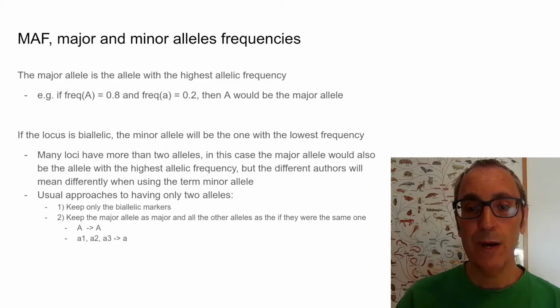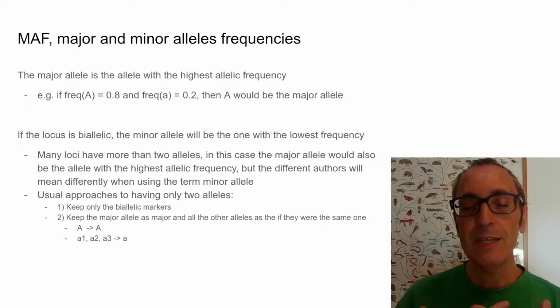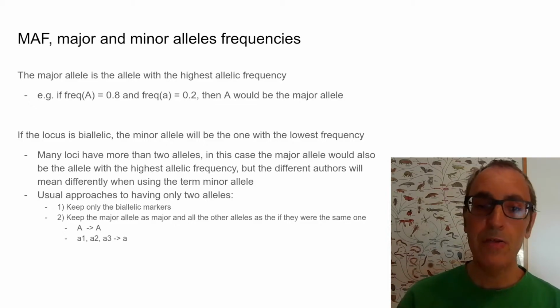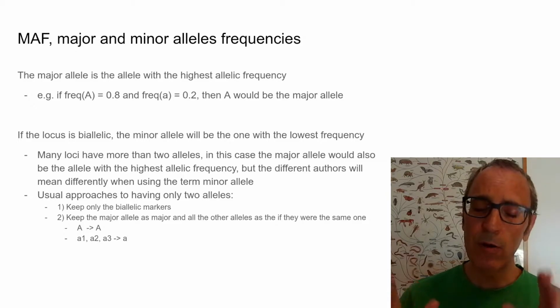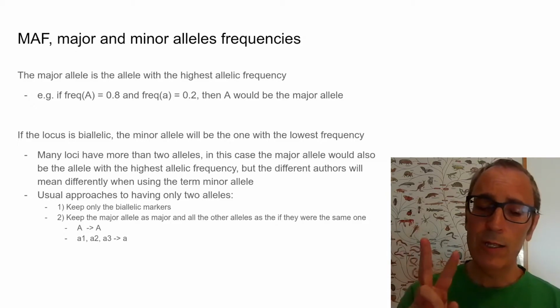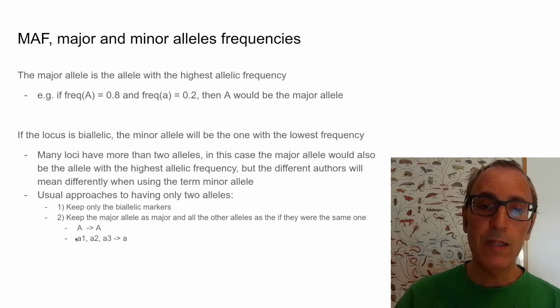What do we mean by that? Usually, when we have more than two alleles, when people talk about minor allele frequency, it's the sum of the frequencies of all the alleles that are not the major allele. That is equivalent to converting our locus to two alleles: the major one, and all the other ones together would be the other allele.